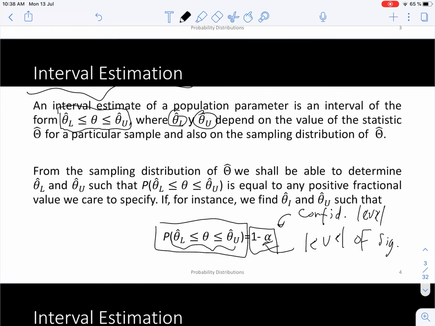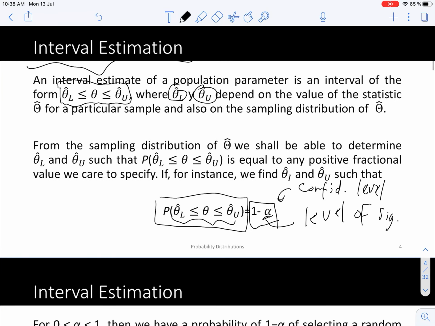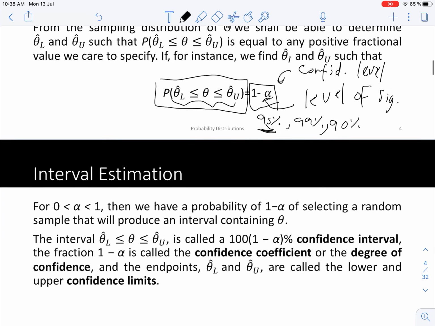Usually you will see 1 minus alpha equal to 95% or 0.95, 99%, and in some cases 90%. So among the popular confidence levels, 95% I would say is the most popular one.